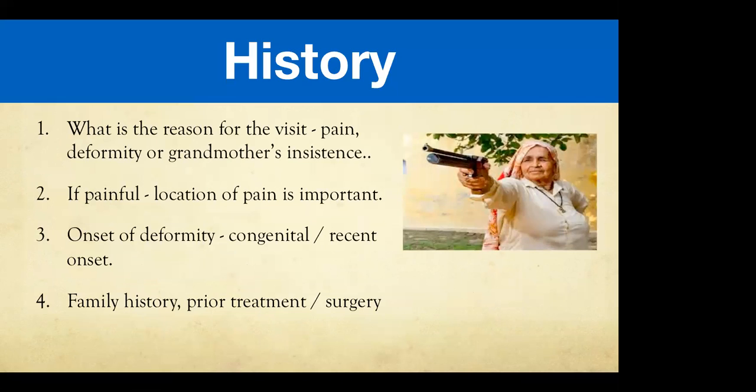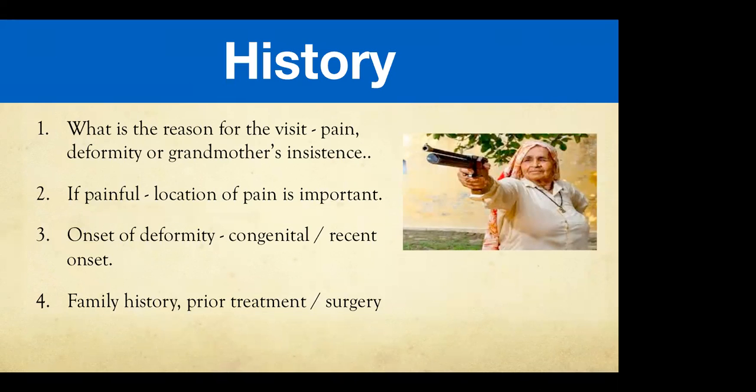In history, you also need to know the reason for the visit, whether there is pain or deformity, or just the elderly in the family are asking the children to come and see you for what next needs to be done. If painful, the location of pain is important. Onset of the deformity: congenital, recent onset, or at what teenage age has it come; whether there is a family history of plano-valgoid foot, a genetic predisposition, or any prior treatment or surgery.